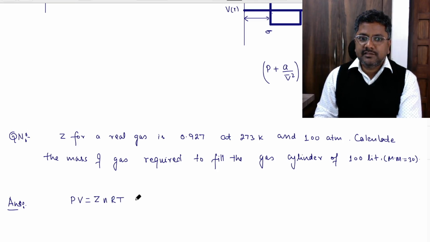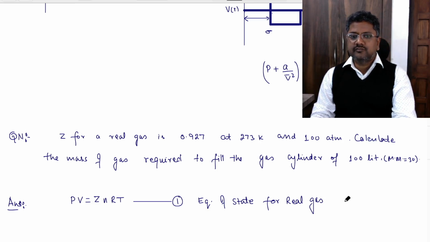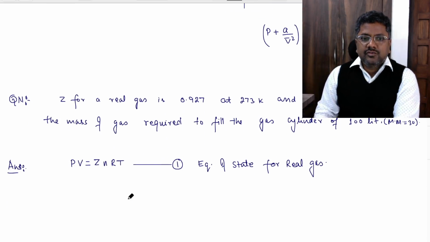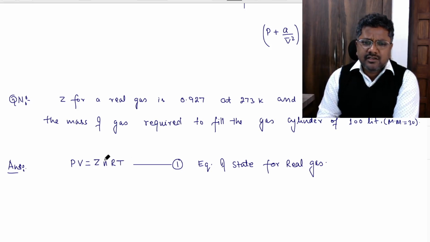This is the equation of state for a real gas in terms of Z. We have already used this equation. P is given, V is given, Z is given, and R is constant, and T is given. So you just put the values here and get the answer, don't worry.